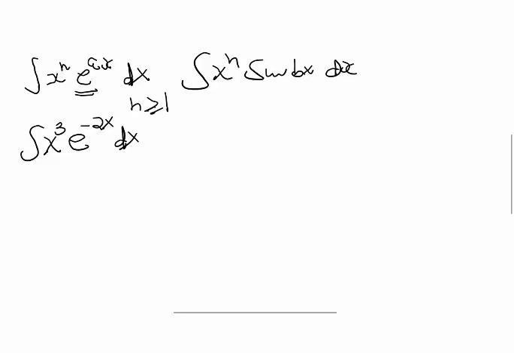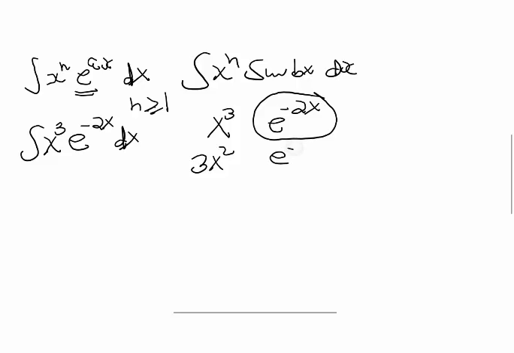Okay, so what we would do is write x to the third here, e to the negative 2x here, and then differentiate x to the 3 and integrate this. When you take the antiderivative using integration by substitution, sorry about my handwriting, that's what this becomes, right?